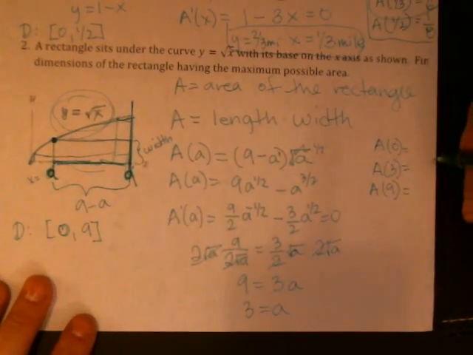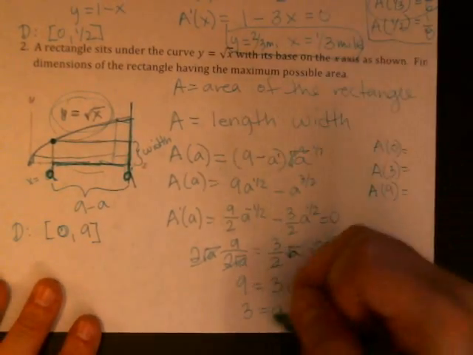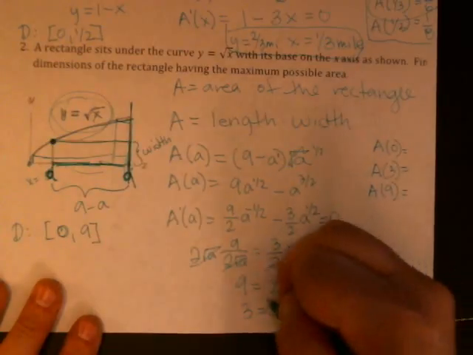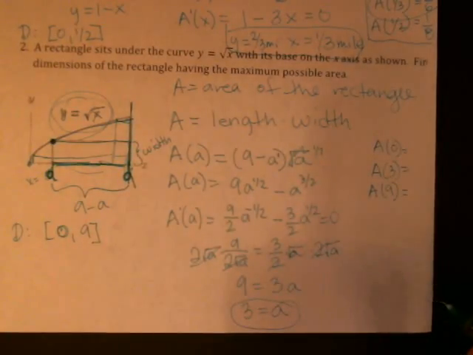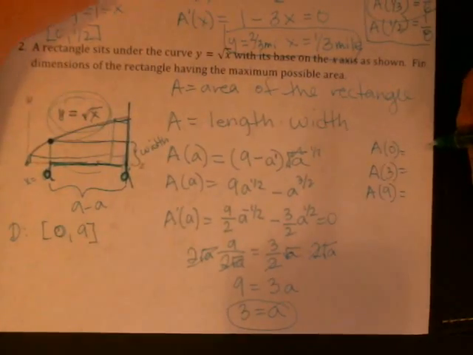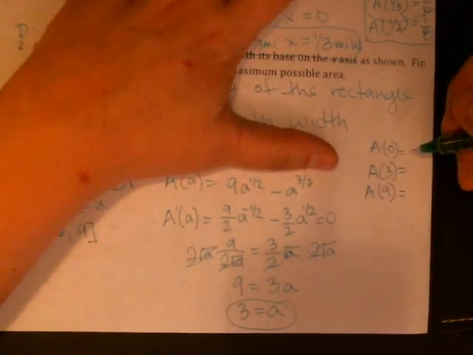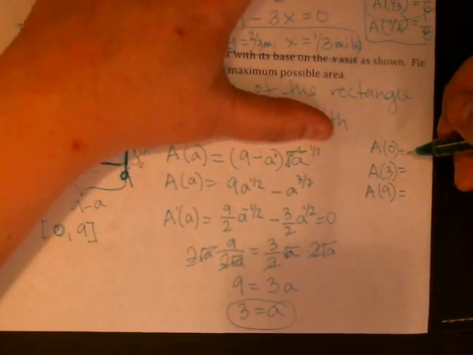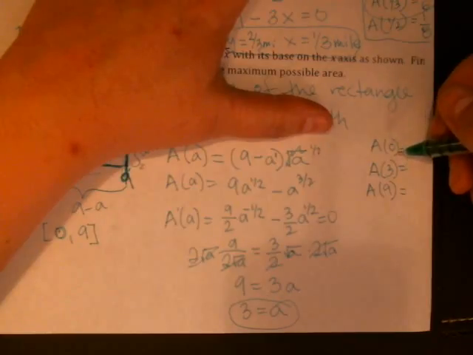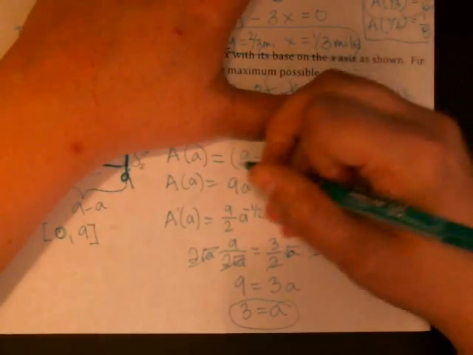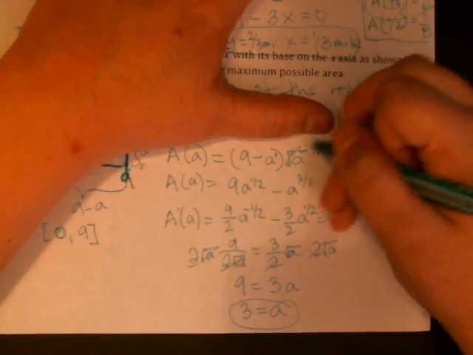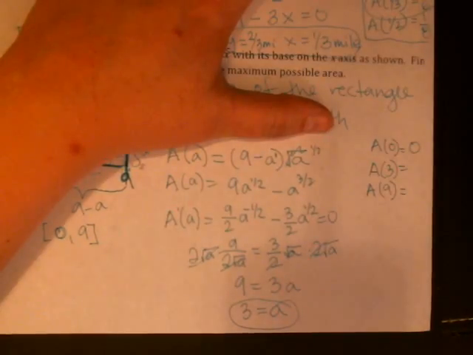Okay, so we need to plug all of these in to make sure we're hoping that this gives us our maximum area. We need to plug in and check. So back to our area formula. Actually, I kind of like this version of it, the factored version for plugging in. When a is 0, this is 0, so the whole thing is 0. The a to the 1/2 multiplied by kills everything.